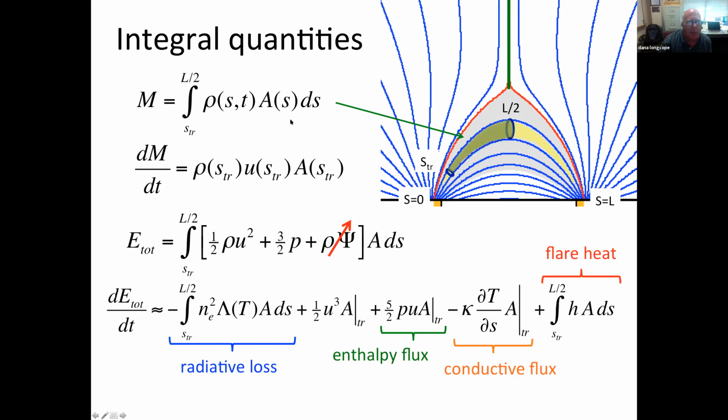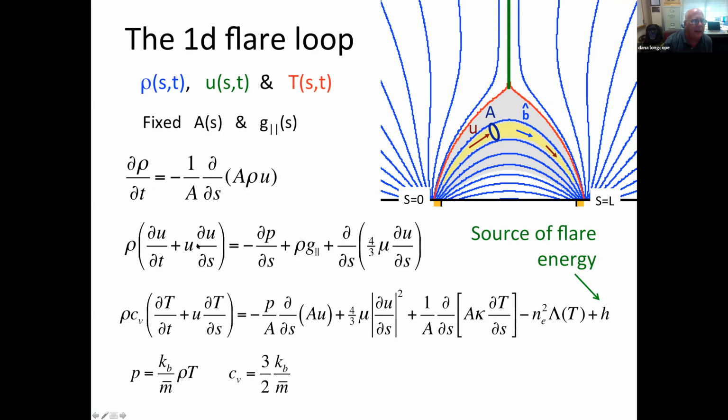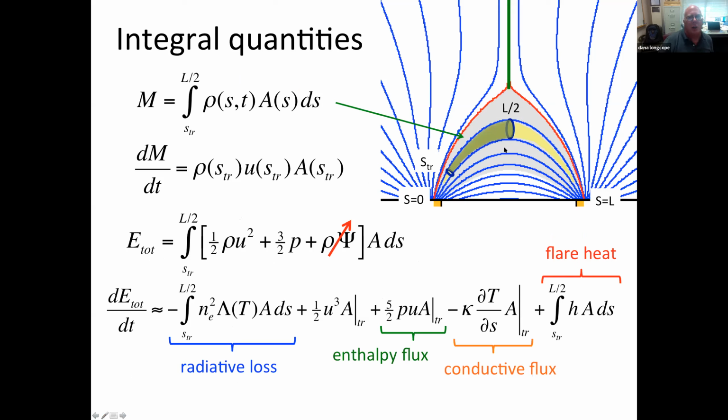For the amount of time we have left, I'm actually going to go to 0D, because I'm going to talk about not the distribution of mass density, velocity, and temperature over space, but I'm just going to do the total integral of all the mass, and I will talk a little bit more about where I call the end of the loop.